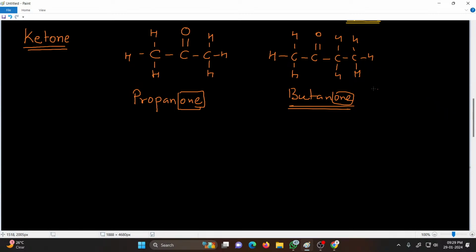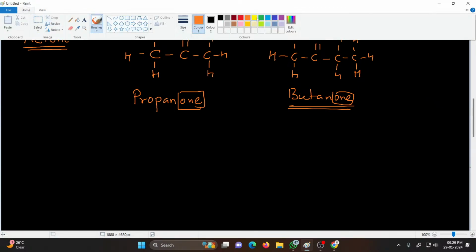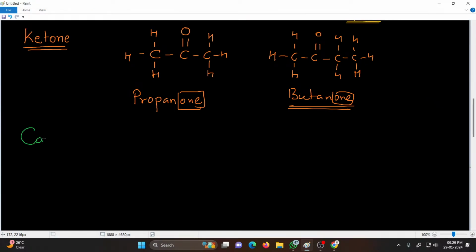Then the last functional group that we are going to learn is carboxylic acid. In carboxylic acid, the simplest carboxylic acid is like this. It is slightly different than aldehyde. In aldehyde there is a carbon hydrogen single bond here.